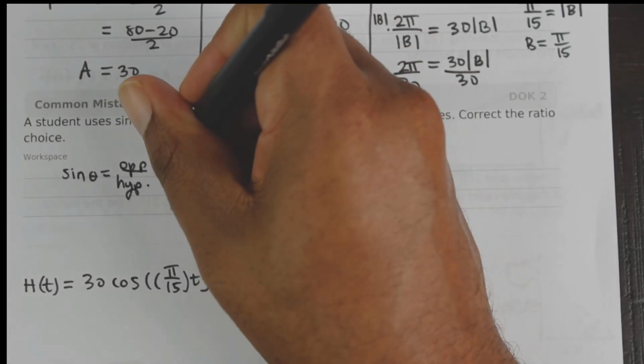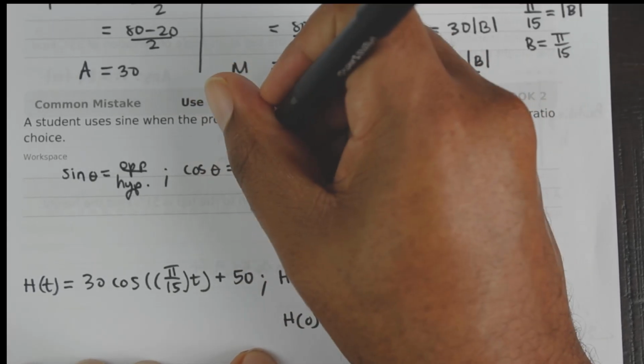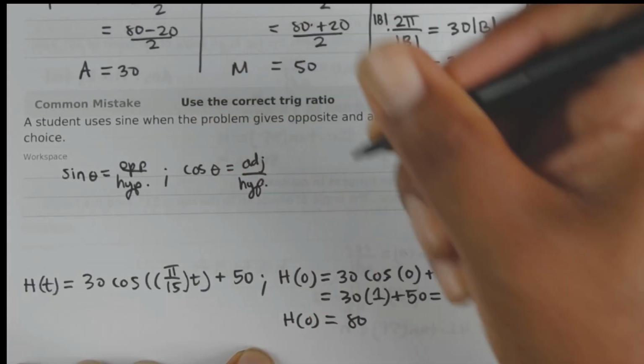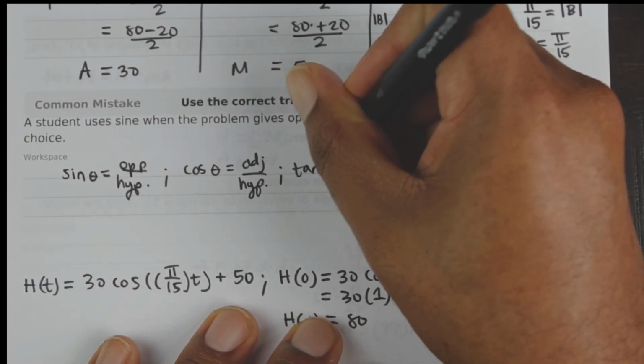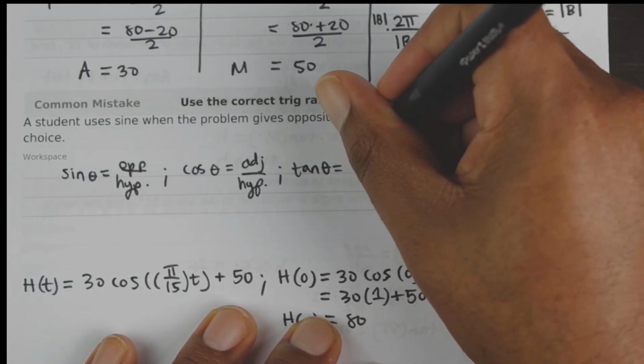Cosine theta uses the adjacent over the hypotenuse. And then tan theta uses the opposite over adjacent.